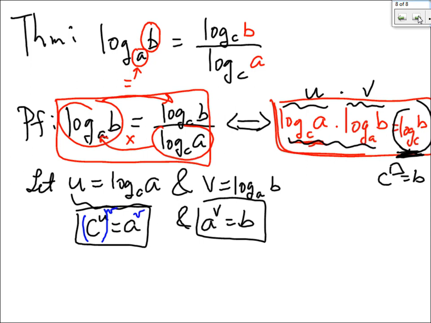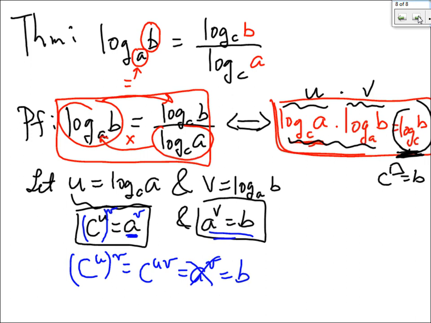For one reason, a to the v is b. So we have c to the u raised to the v, which is c to the uv. This is a to the v, which is b. That is, c to the uv is equal to b.